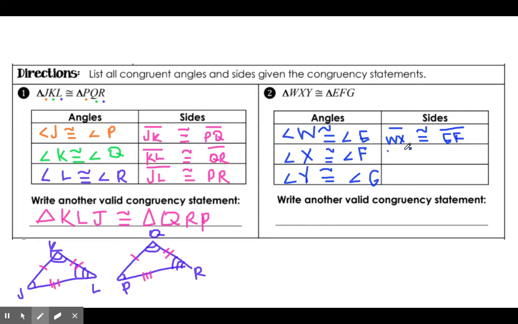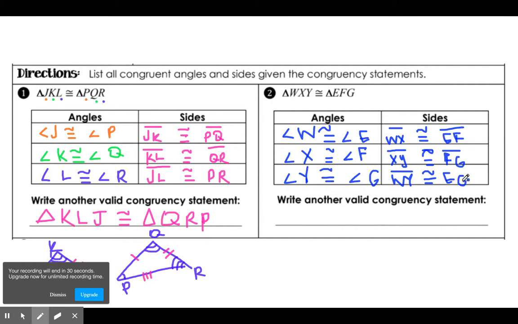So XY is going to be congruent to, again, the middle and the last, which is going to be FG. And then lastly, we take the first and the last if we want to get that last segment. So it's going to be WY. So WY is going to be congruent to EG.